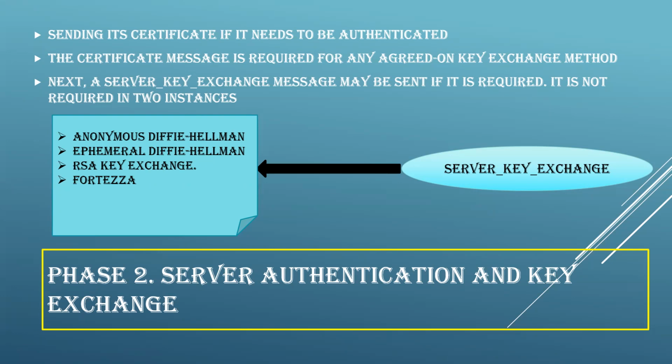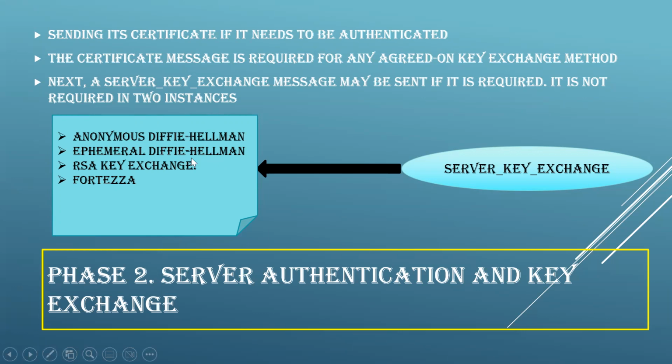For this server key exchange, we need methods like anonymous Diffie-Hellman, ephemeral Diffie-Hellman, RSA key exchange and Fortezza. Anonymous Diffie-Hellman is where this message will contain global Diffie-Hellman values, that is, a prime number, which authenticates the server.